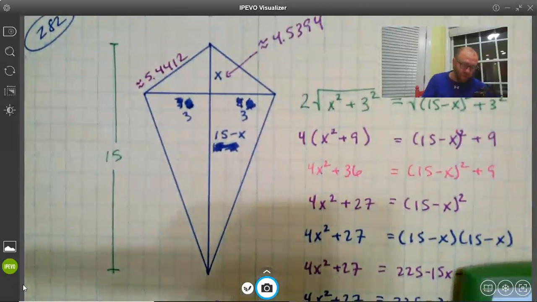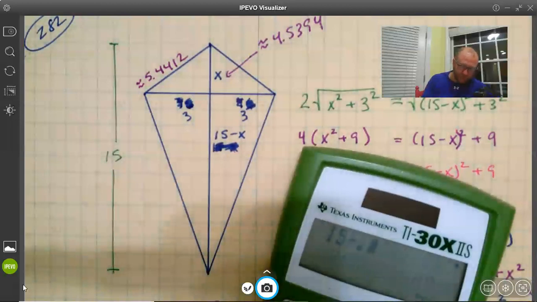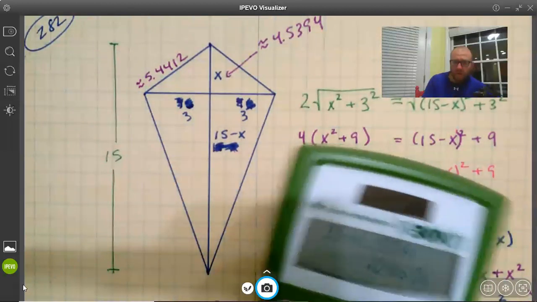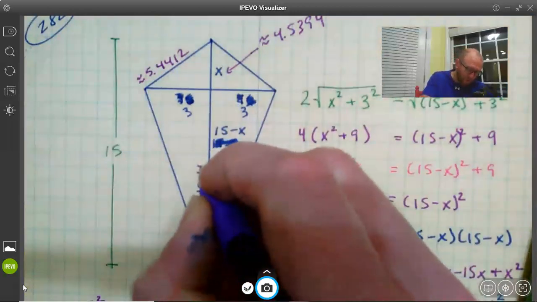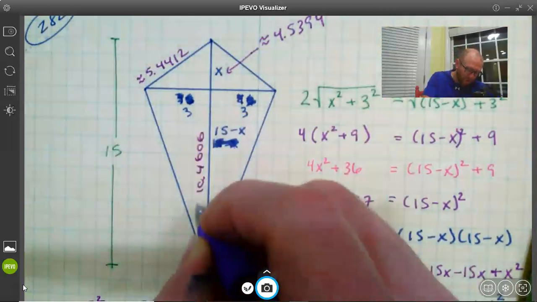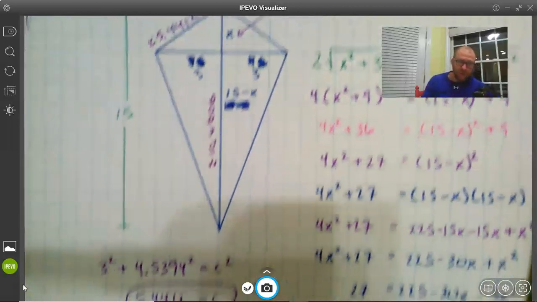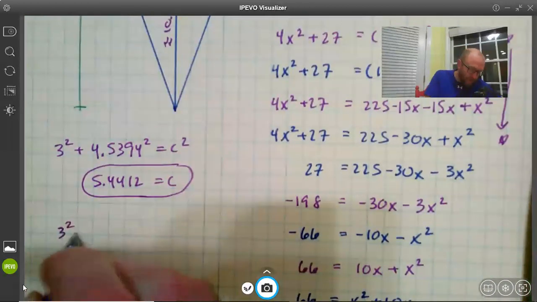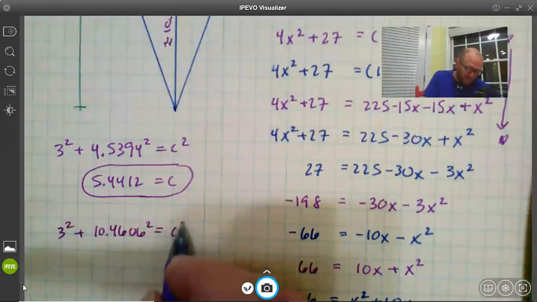Now let's find the other one. If this is x, then 15 minus x must be 15 minus 4.5394. This is 10.4606. So this distance here would be approximately 10.4606. So, do our Pythagorean theorem calculation to find the long side. I've got 3 squared plus 10.4606 squared equals c squared.